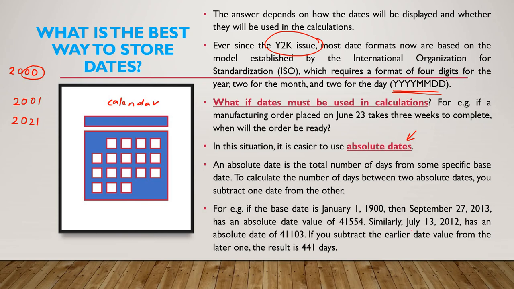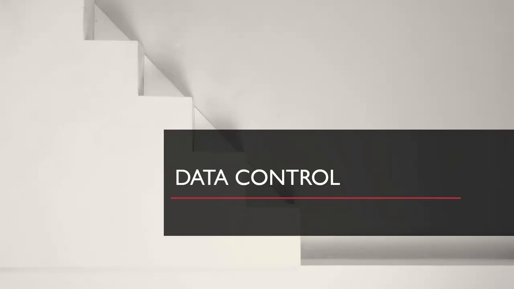Okay, so similarly, July 13, 2012 has an absolute date of 41103. So if you subtract the earlier date value from the later one, the result akan menjadi 441 days. Dia menggunakan absolute dates. Okay, right.